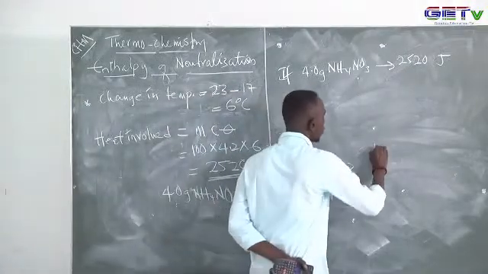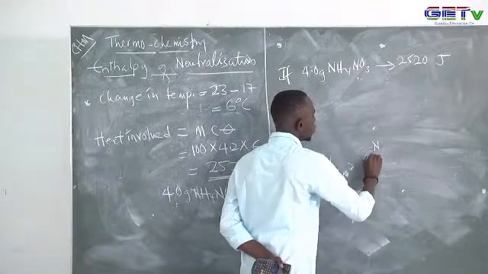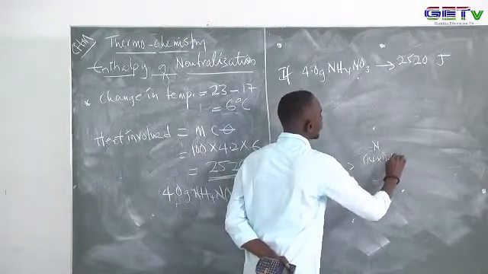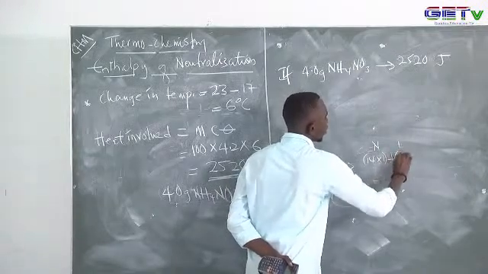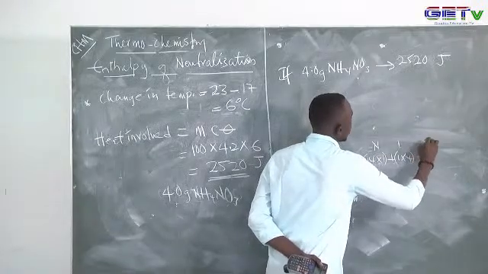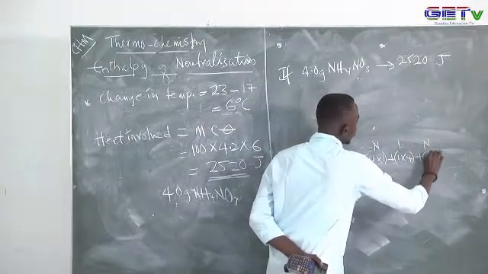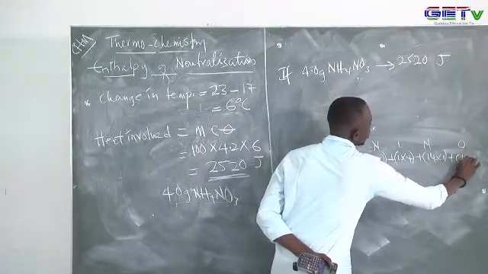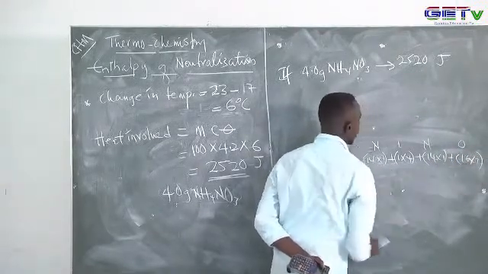Now we said nitrogen is equal to 14. We have 14 times 1 because we have 1 atom of nitrogen. Plus hydrogen is 1 times 4. That is the 4 atoms of hydrogen. Plus we again have nitrogen again, which is supposed to be 14 times 1. Plus we have oxygen, which is going to be 16 times 3.